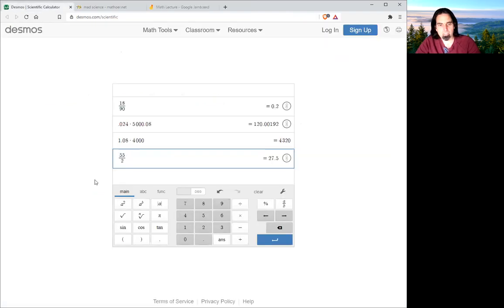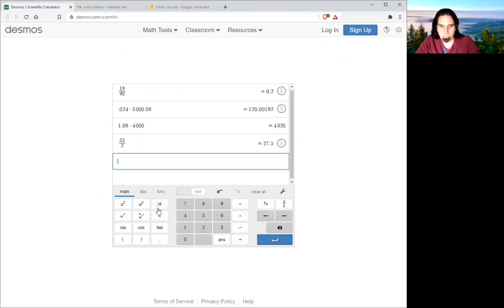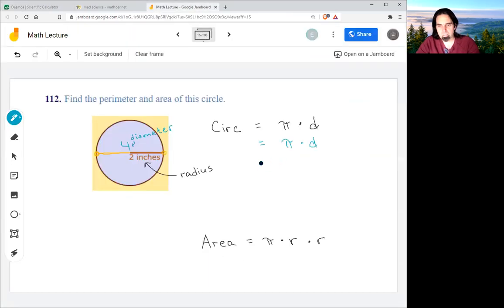My calculator has a pi key somewhere, pi times 4, and I get about 12.6 more or less. Whoops, that one actually is not rounded. Let me fix that. Not rounding yet.